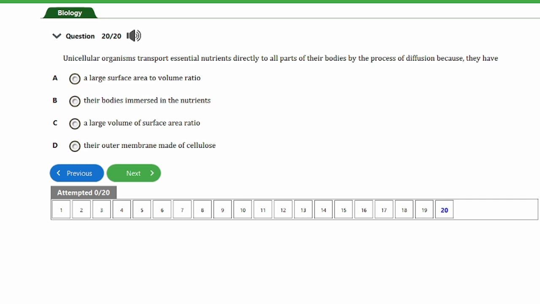So guys, the answer to this question is option A. Unicellular organisms actually have a large surface area to volume ratio, and that's what essentially makes them transport nutrients directly to all the parts of their body by the process of diffusion.